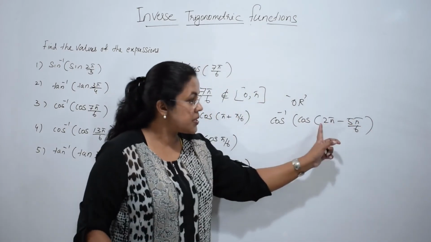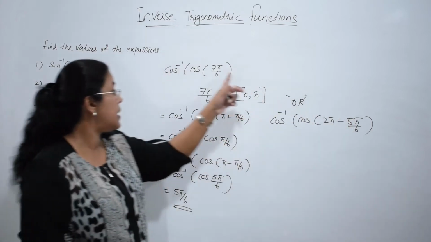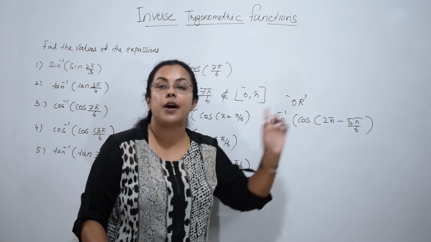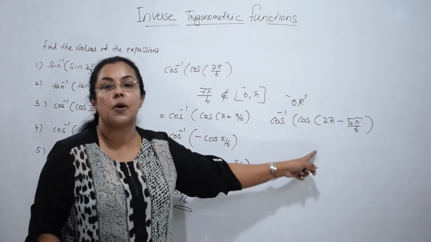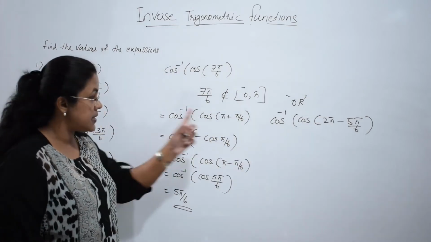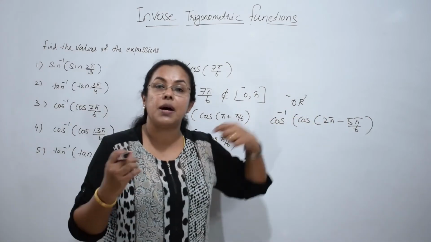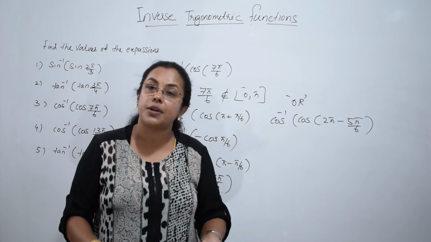Why? 6 2s are 12. 12 minus 5 is 7. This is also possible. We can write it as either pi plus pi by 6, that is right, or 2 pi minus 5 pi by 6, that is also right.